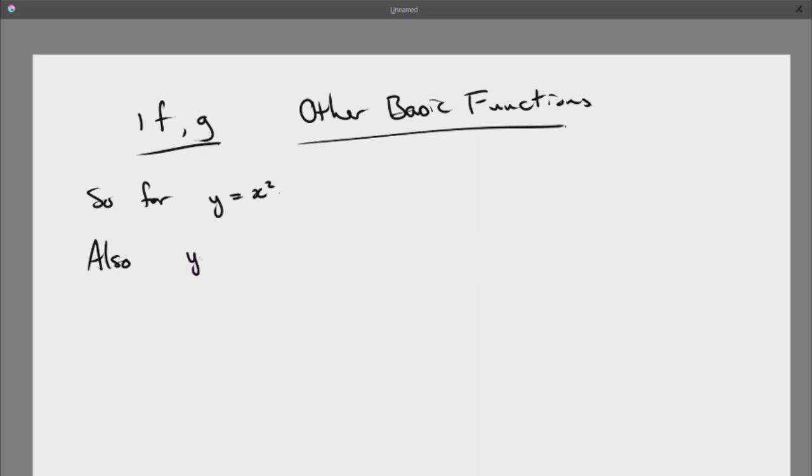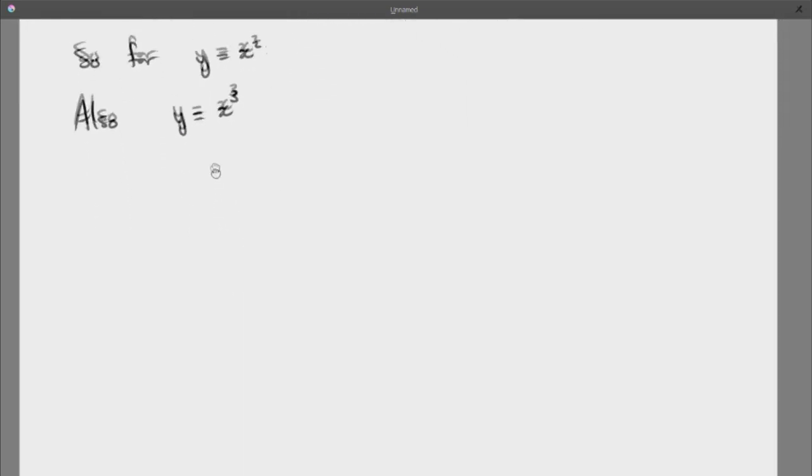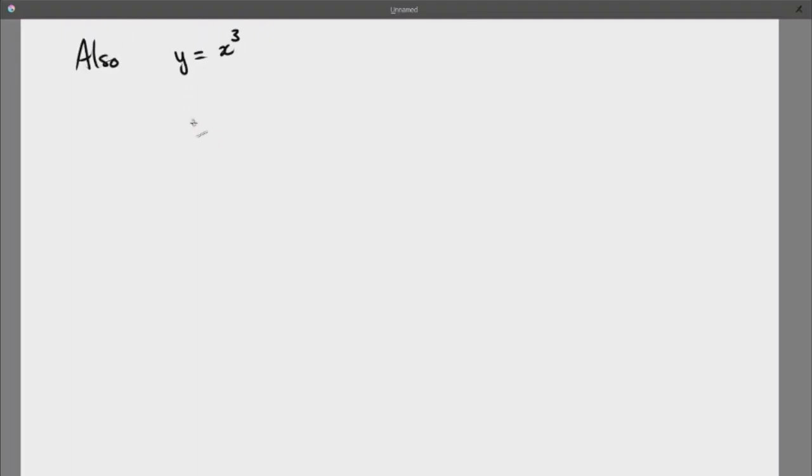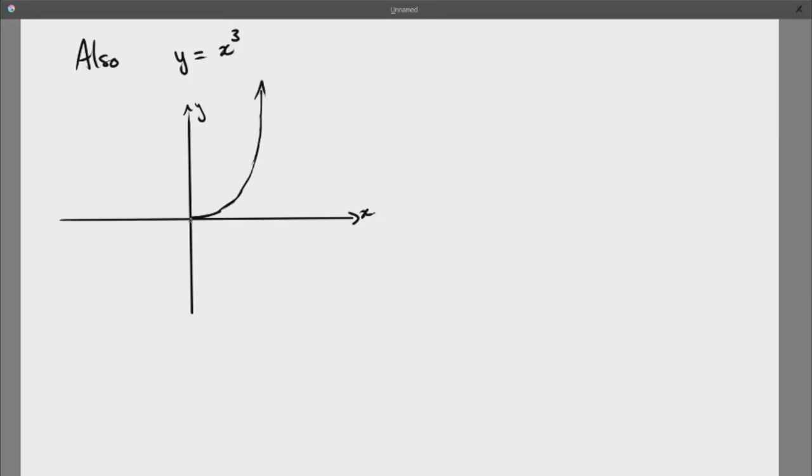So the next one up will be x cubed. Now that, as the basic graph, you can make a table of values. If you have enough, you'll see it is flat here at 0, just like the parabola, a little steeper, increasing a little faster, flat, and turning the other way.